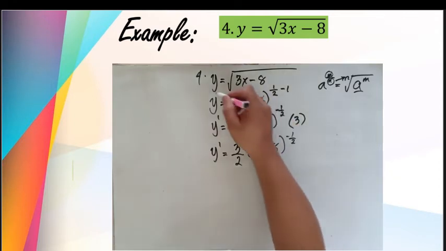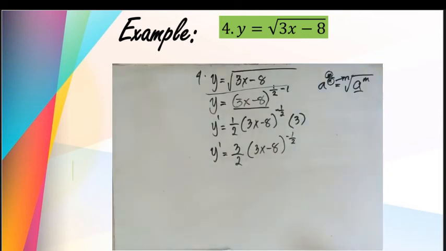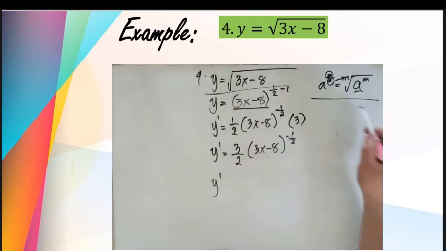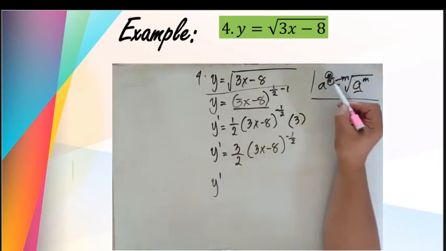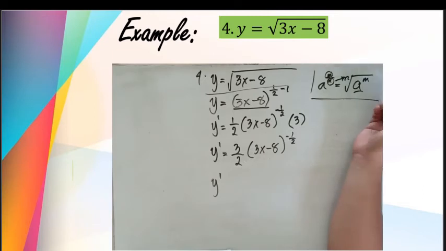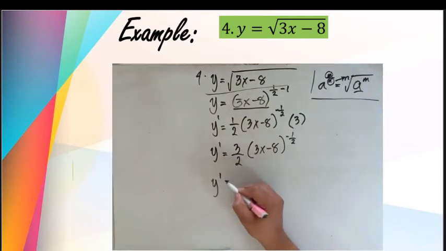Since the given function is in the form of radical, it is proper for us to transform your final answer into a radical form. Now, how to do that? Again, we will use this law of exponent, the rational exponent. I think that's the name of that law of exponent.